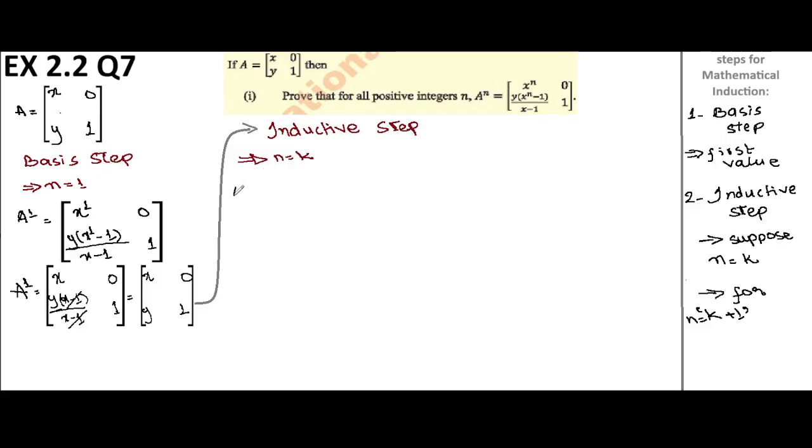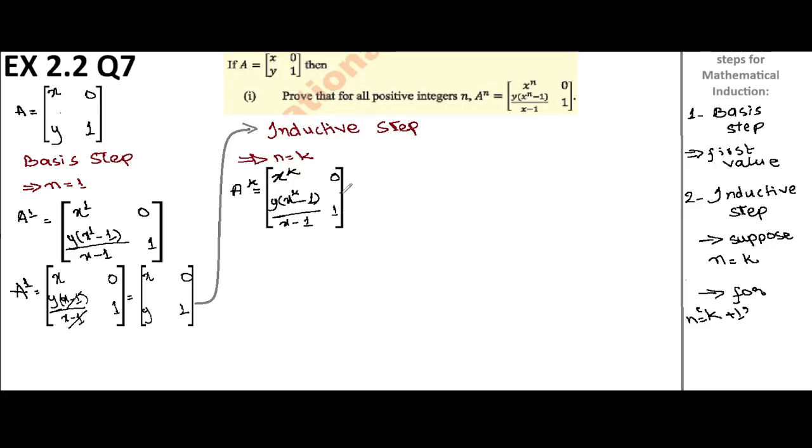A raised to the power k equals x raised to the power k, 0 remains 0, 1 remains 1, and over here it becomes y into x raised to the power k minus 1 whole divided by x minus 1.